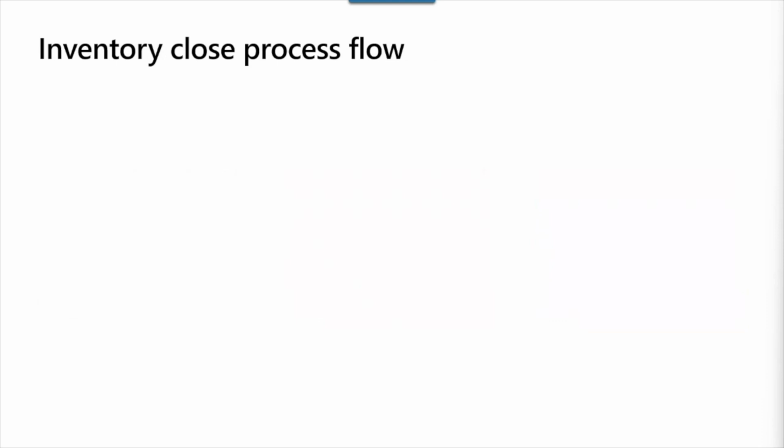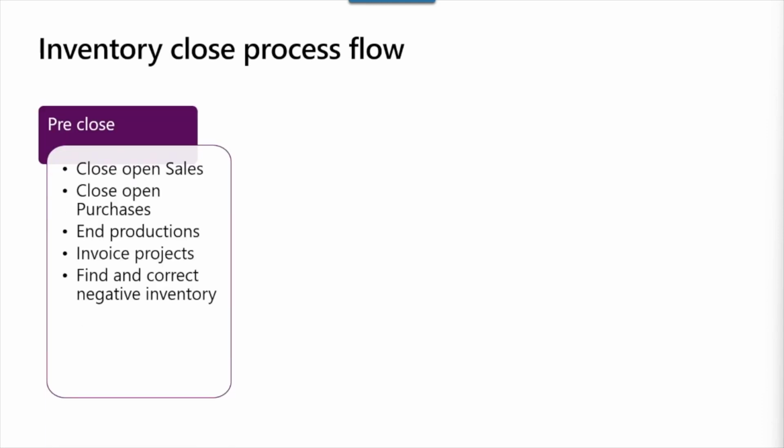So let's take a quick look at the high-level process you should follow when preparing to close your inventory. Before you close the inventory, there are a number of things you should do to prepare your system. This is not an exhaustive list, but includes the most critical high-level steps. You'll want to make sure that all your transactions are closed and finalized in the period you're closing.